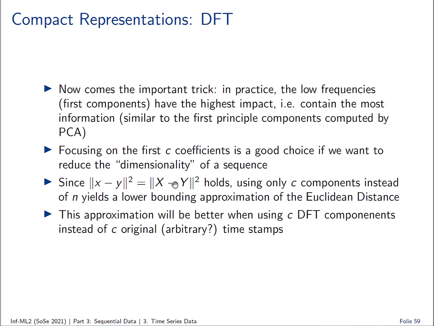Due to the property of DFT, we know that the first C components are the ones with the highest impact, with the highest load of information. So it is kind of optimal with respect to information loss again. So very, very similar to PCA.